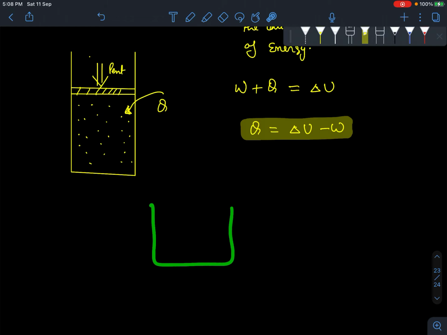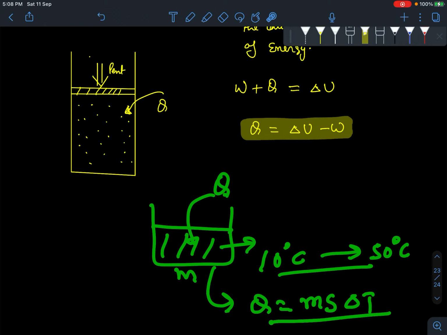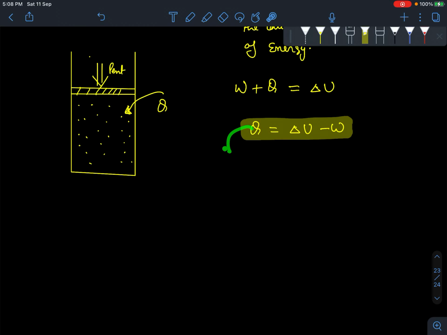Like suppose we have a sample of water which is at, say for example, 10 degrees centigrade, Q amount of heat is transferred to it and we find that its temperature rose to 50 degrees centigrade and mass is given to us. So can't you calculate heat? Q will be equal to m into S into delta T.